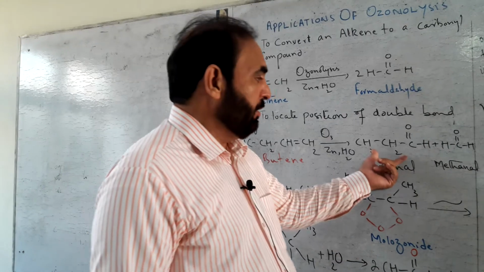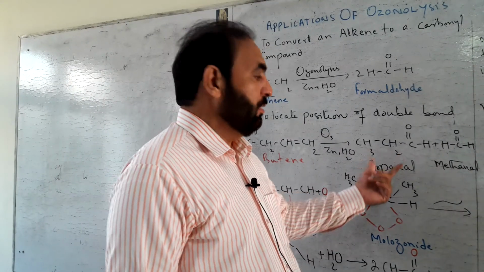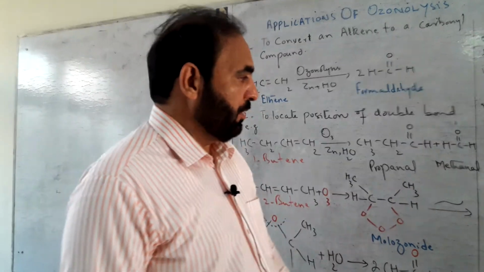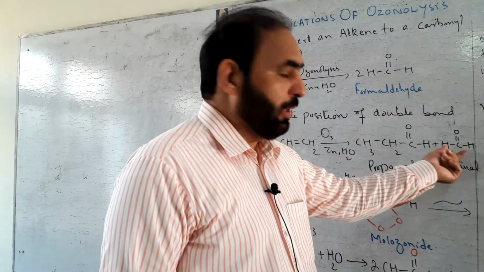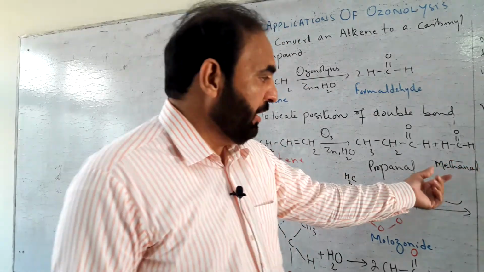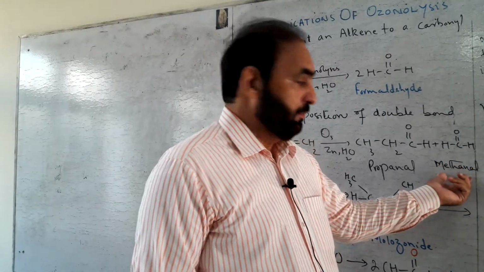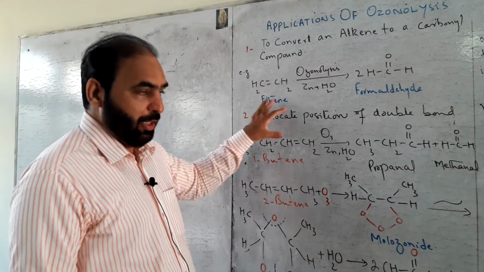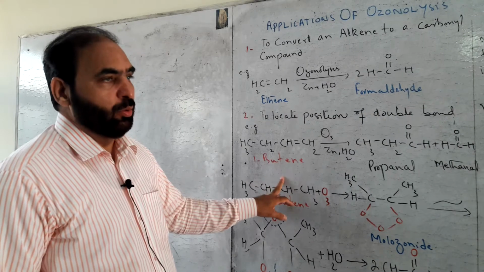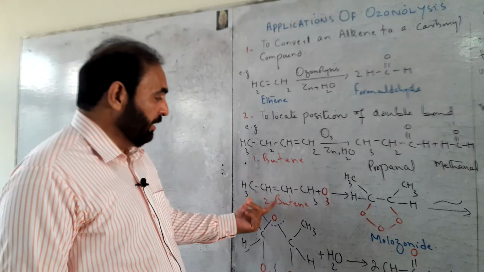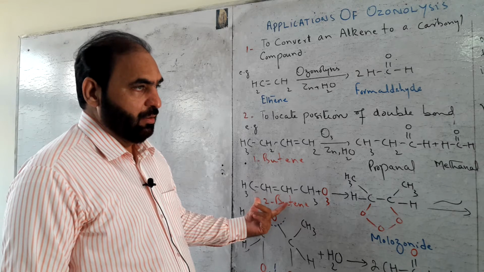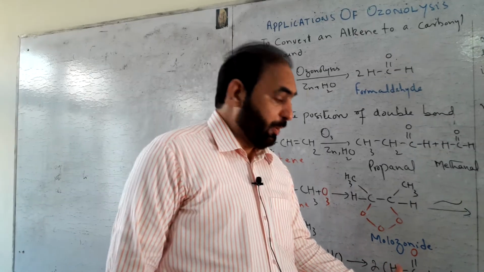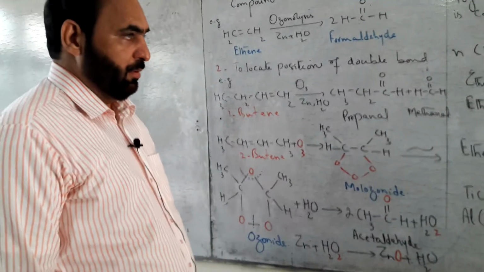3 carbon aldehyde is given IUPAC name propanal and 1 carbon aldehyde is given IUPAC name methanal. If we have a double bond in butene at position number 2, this is a symmetrical alkene, then the carbonyl molecules produced are identical.